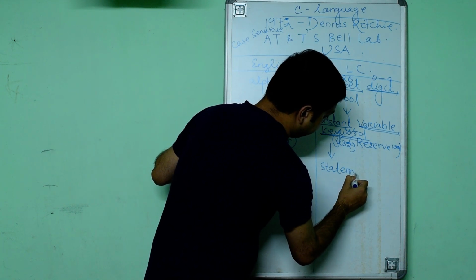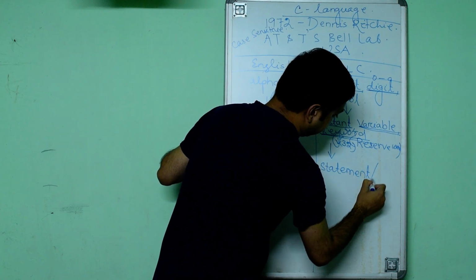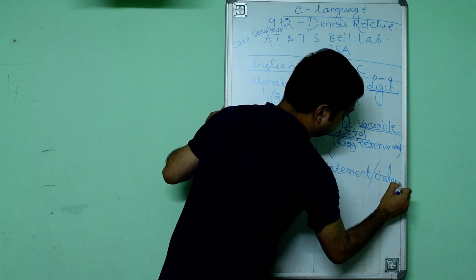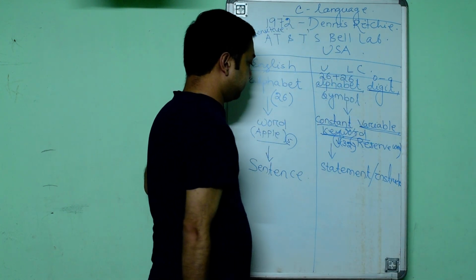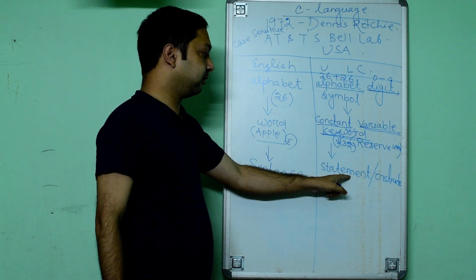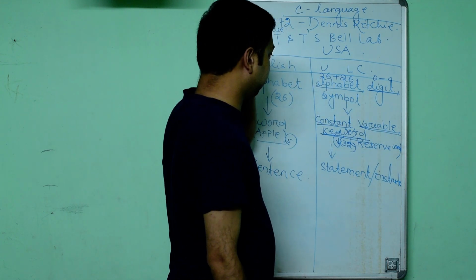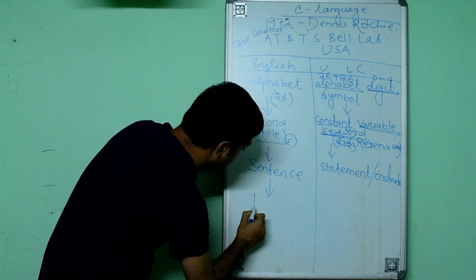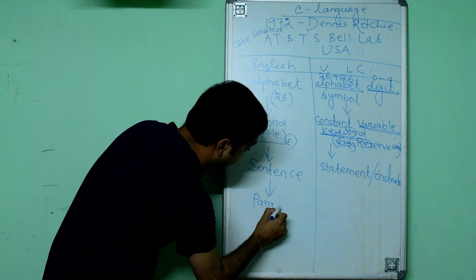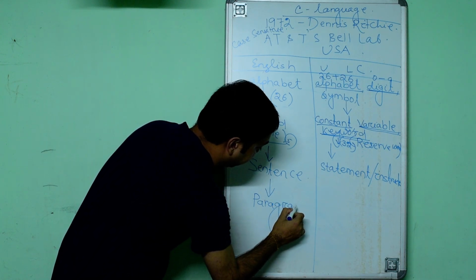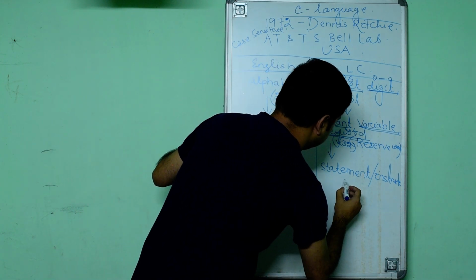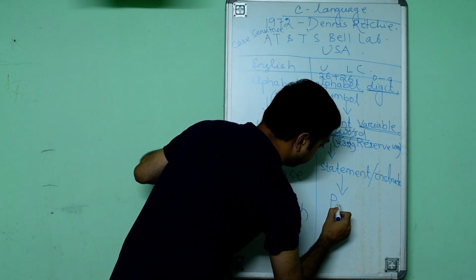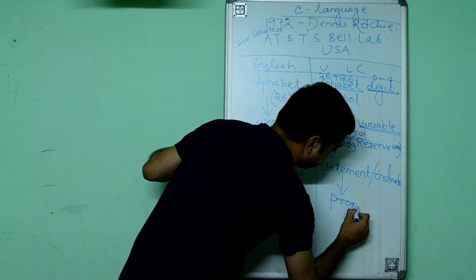Next, when more than one sentence combines, that is known as a paragraph in English. And in programming, when you combine more than one instruction or statement, that is known as a program.